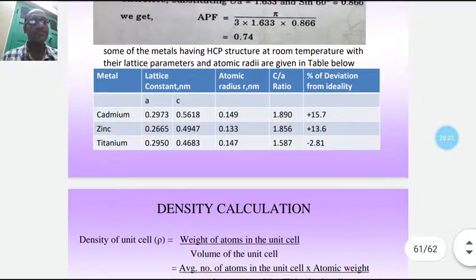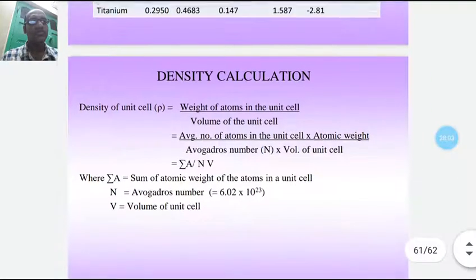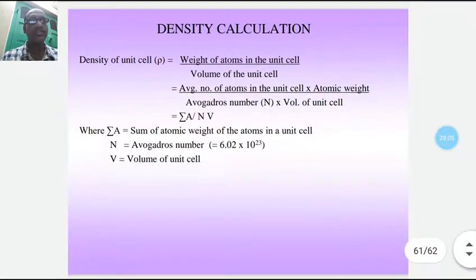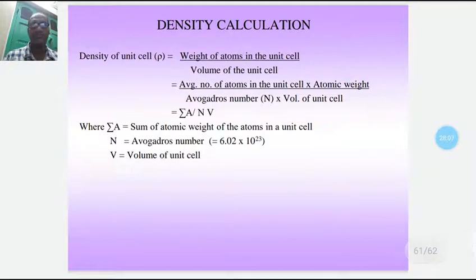So next, that is also a very important part, that is density calculation. So density of a unit cell, that is rho, is given by weight of atoms in the unit cell divided by volume of the unit cell.